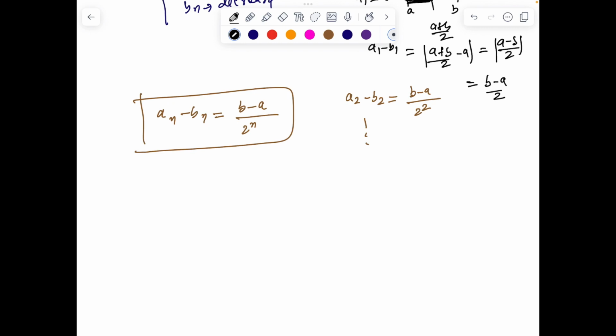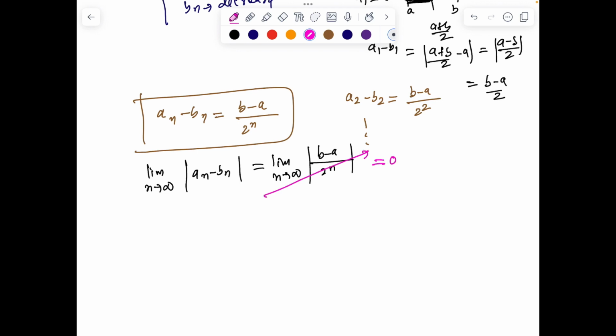Okay, now I can tell the segments a_n and b_n have length which approaches 0 as the sequence goes to infinity. So in the limiting case when n tends to infinity, a_n minus b_n, if I see where this sequence is going, it's clearly limit as n tends to infinity of (b minus a) by 2 to the power n. So this quantity, by the definition of limit, will go to 0. इसका मतलब a_n and b_n will go to a limiting value.